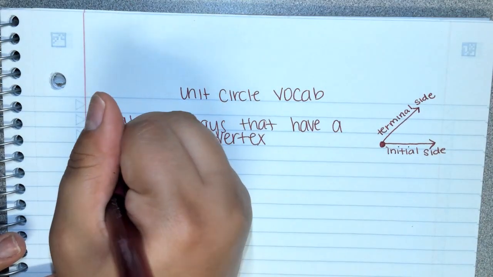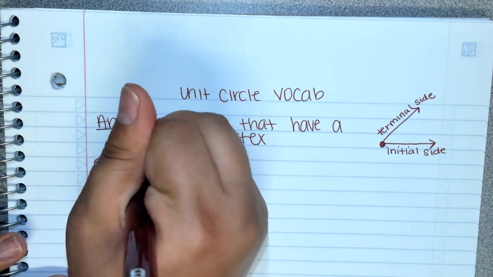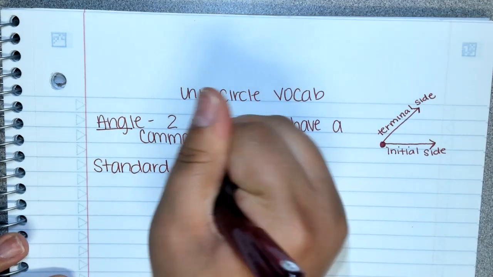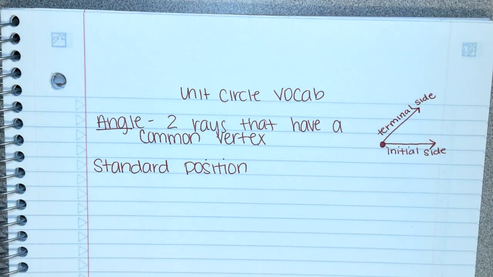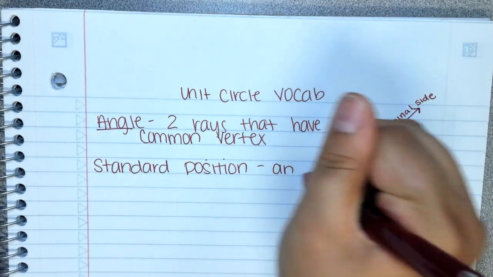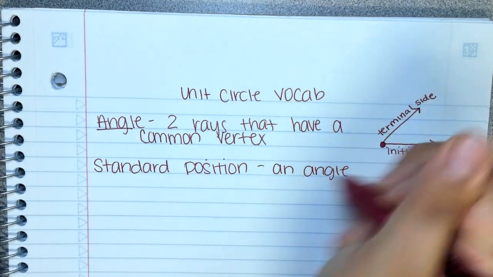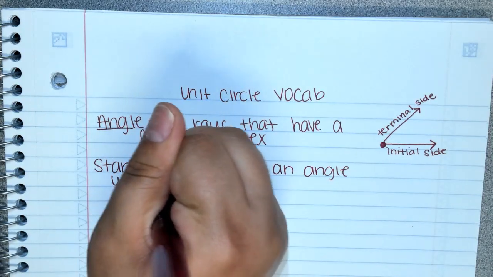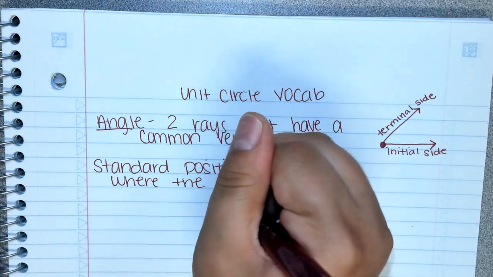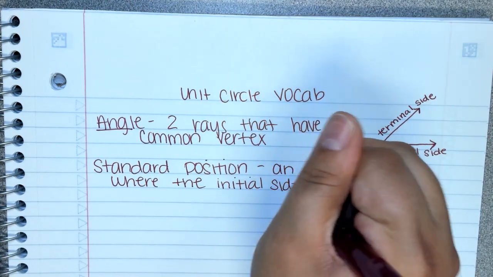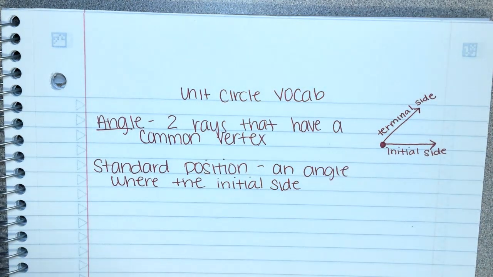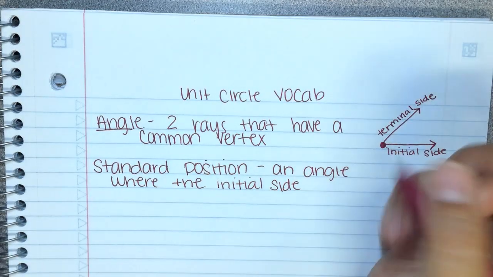And when we have an angle in standard position, that is when you have the initial side on the x-axis on the positive side, meaning it starts at 0.